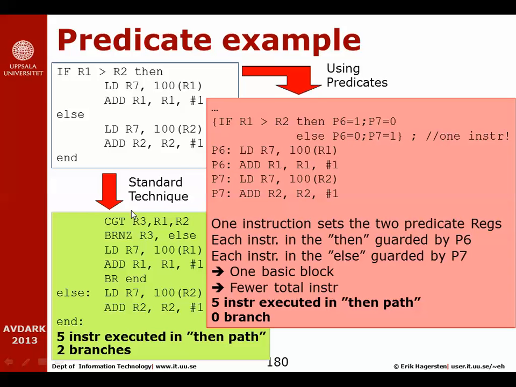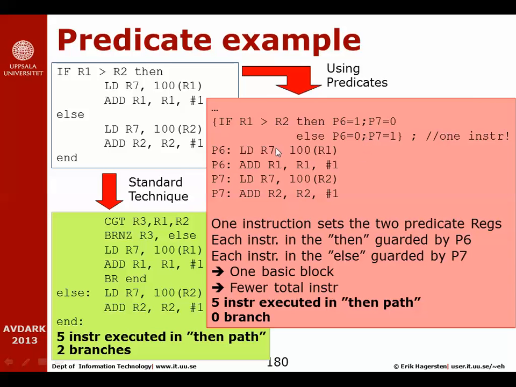So you can compare this with this conditional register. We sort of set a conditional value in one register, so it's very similar to what's being done here. Depending on whether R1 is larger than R2 or not, we set the single bit value in 2 different registers. Here we just set a value in one register. So from an implementation point of view, very similar.